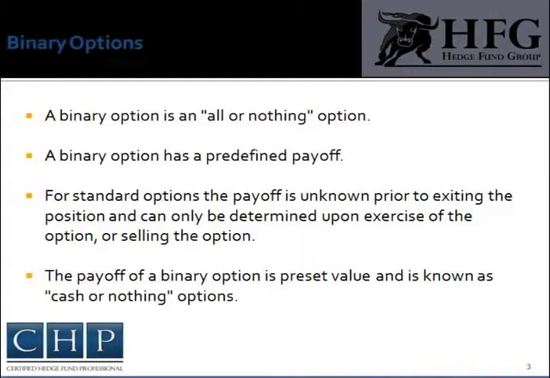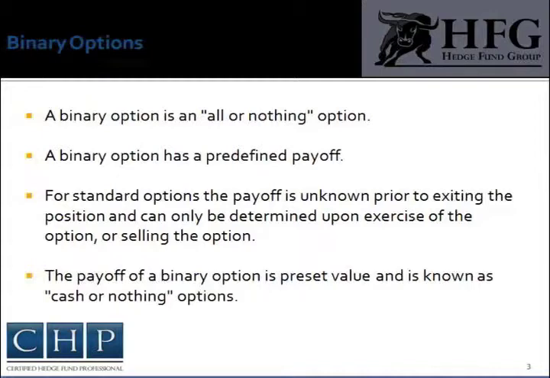For standard options, the payoff is unknown prior to exiting the position and can only be determined upon exercise of the option or selling of the option. In contrast, a binary option has a predefined payoff. Investors can take profits on a binary option, which changes the payoff profile.